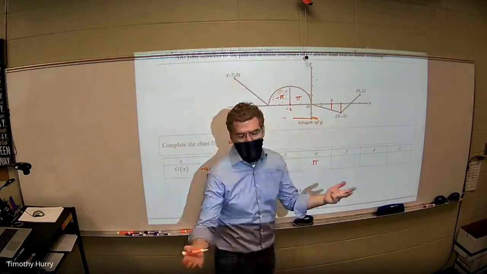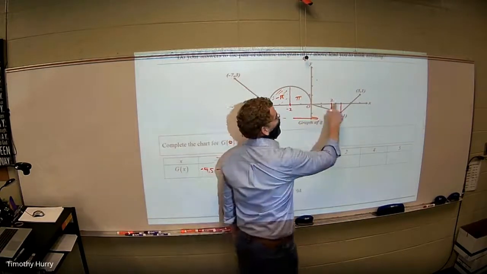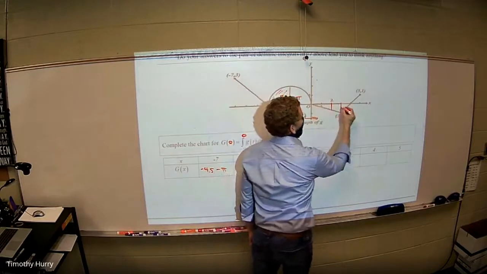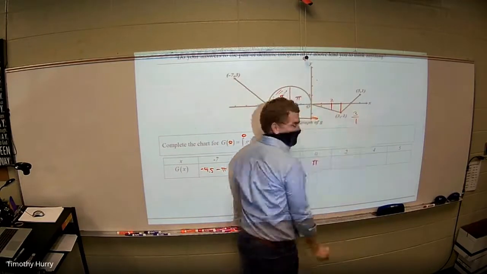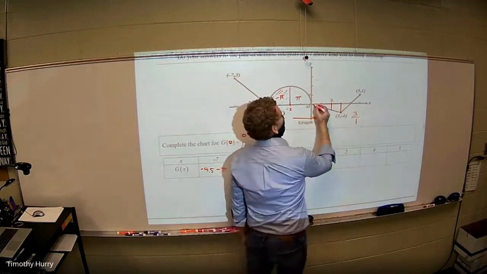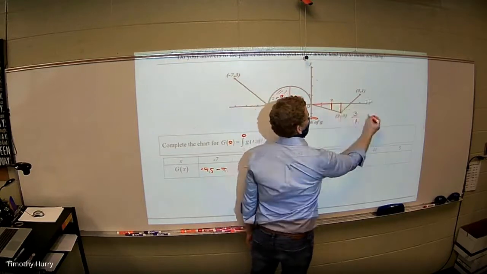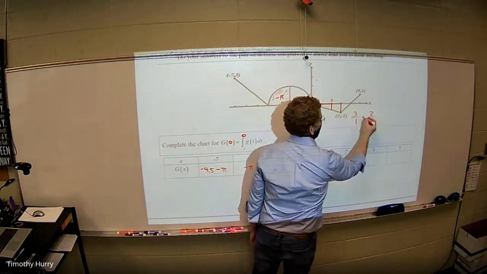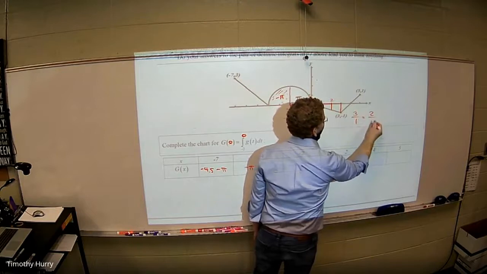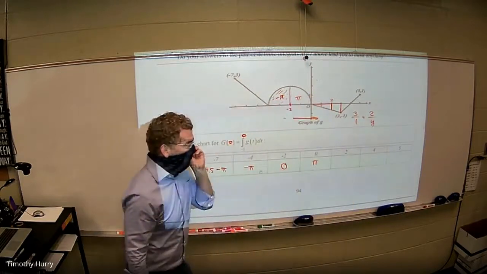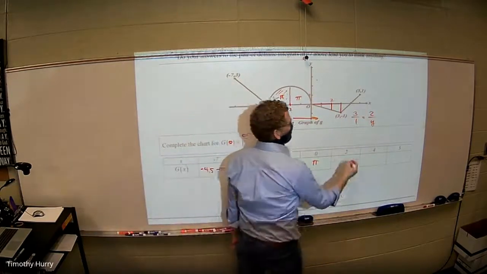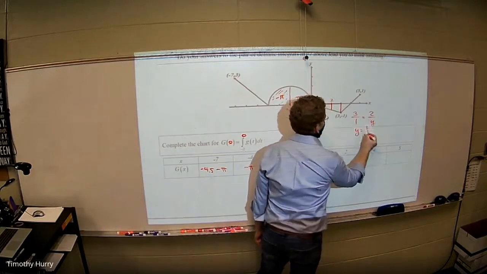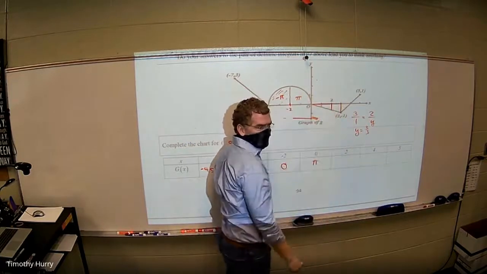You could say the big triangle has a 3:1, right? And the smaller one has a 2 to y, if you will. So what does y end up being? 2/3. So you're going down 2/3, right?